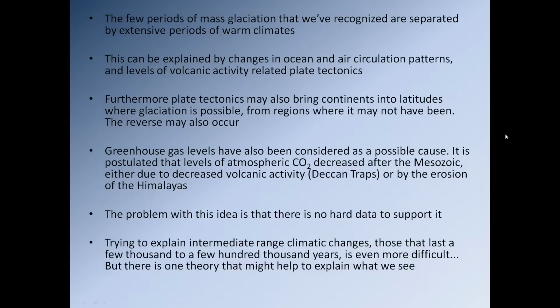Okay, so we can say, well, yes, the Deccan Traps is clearly pumping large quantities of carbon dioxide into the atmosphere, meaning the greenhouse effect is considerably stronger, but we can't actually find the evidence from the areas that in theory could form glaciers. So we don't have the rocks from those regions, so we don't know what was going on in those regions. So we have an idea that the Deccan Traps might be affecting the possibility of glaciations, but if we don't have the rocks from the right areas, we don't have the evidence to back that up.